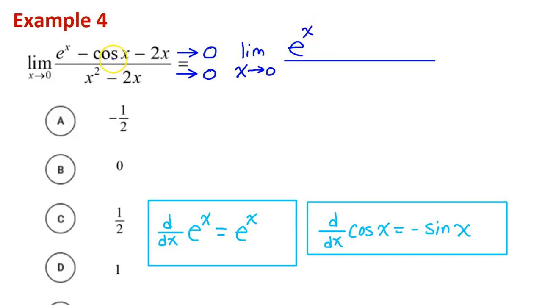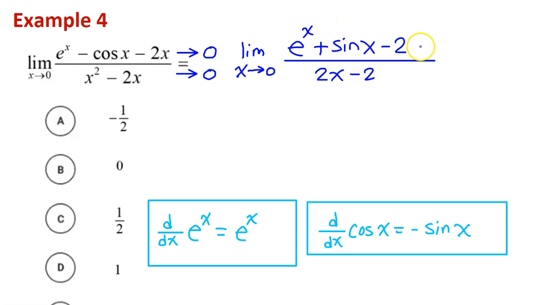The derivative of cosine x is negative sine x. The extra negative will turn this negative into a positive. And the derivative of negative 2x is negative 2. Dropping to the denominator, the derivative of x squared is 2x, and the derivative of negative 2x is negative 2.